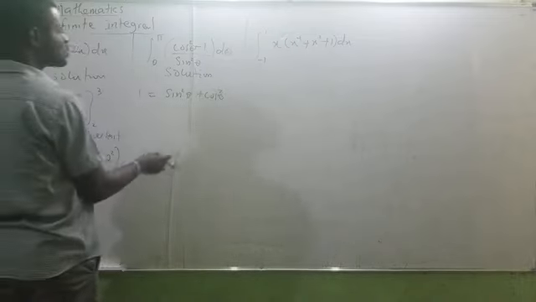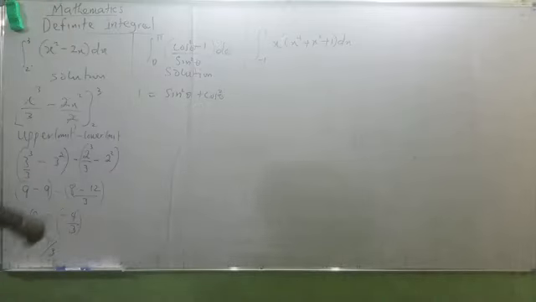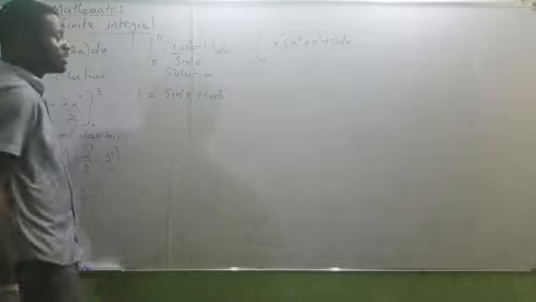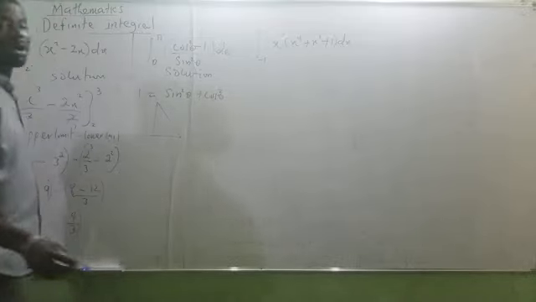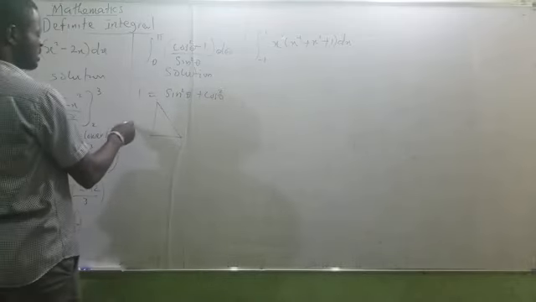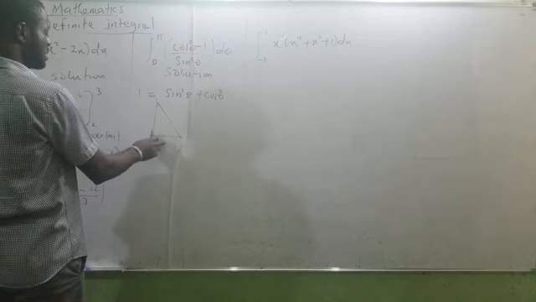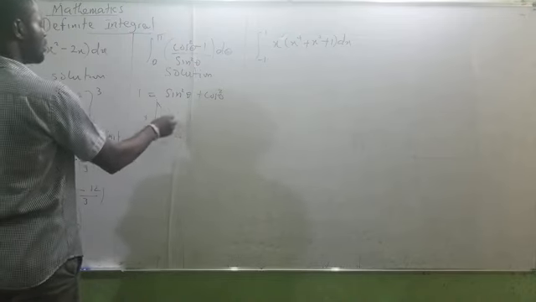I can now write this as, since 1 equals this, with the help of your Pythagorean theorem. This is x and y, cos theta, and here will be 1.